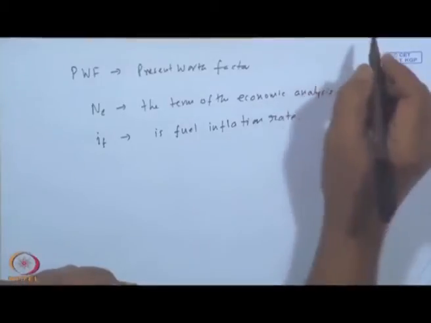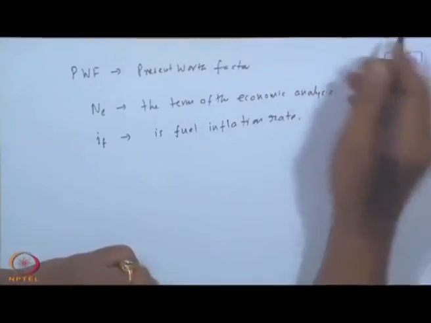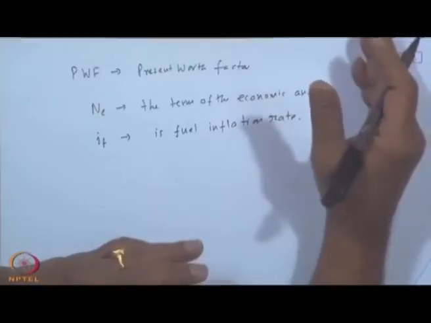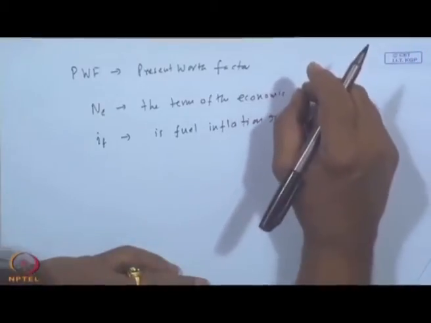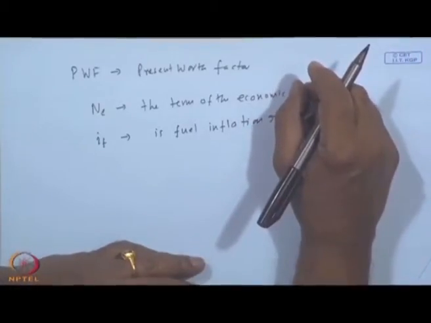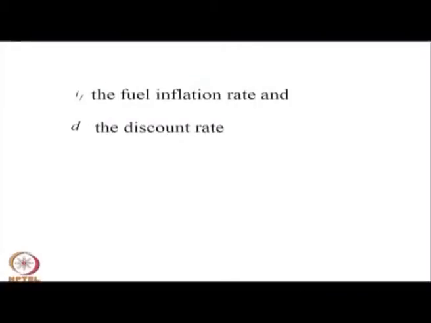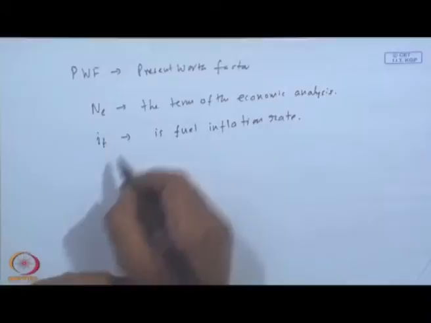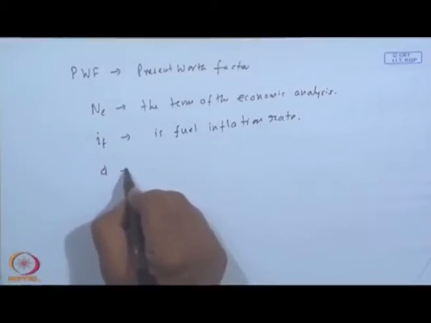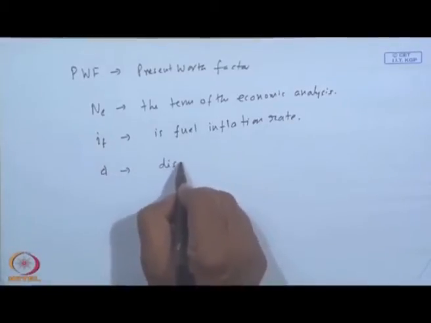So, the fuel prices may be going up at the rate of 10%, 5% or whatever. So, you definitely compare the first year fuel savings to the total fuel savings, which will depend upon what IF is, and D is the discount rate.